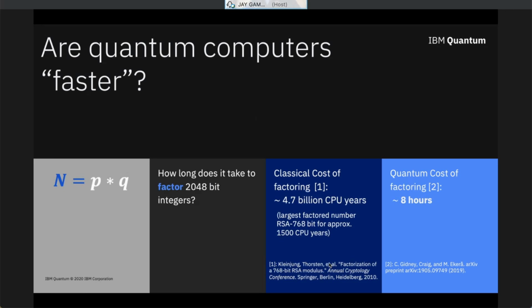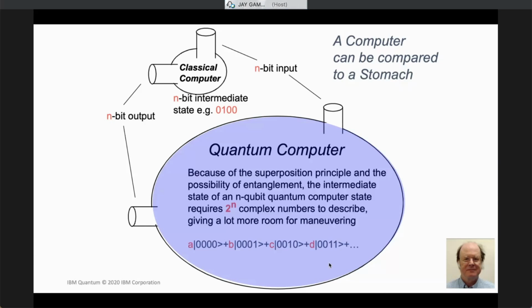So if we ask the next question and say, what is a quantum computer? My colleague Charlie Bennett has this nice slide that I've borrowed here. It highlights that a computer can be thought of as a stomach. Basically, you can think of a classical computer and a quantum computer as something that takes n bits of input and then does something magically in the stomach and puts out n bits of output.